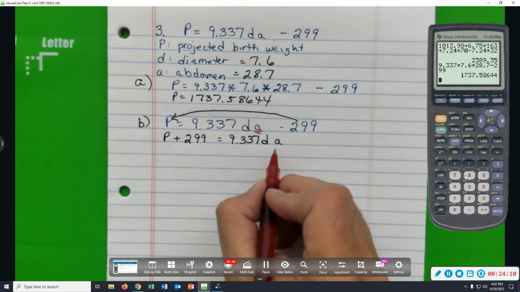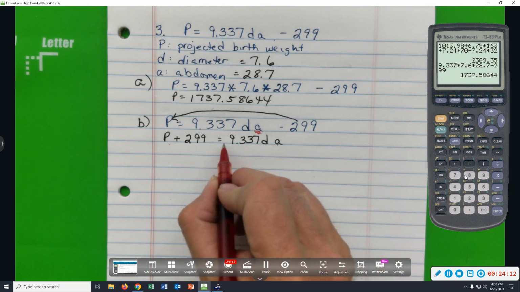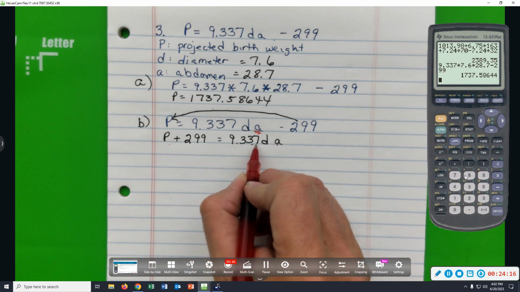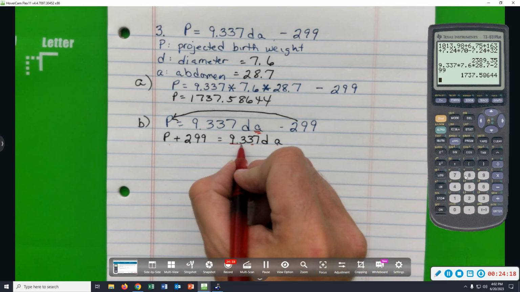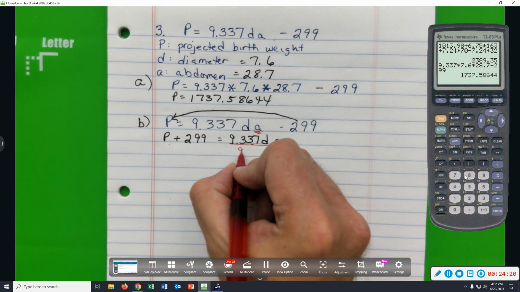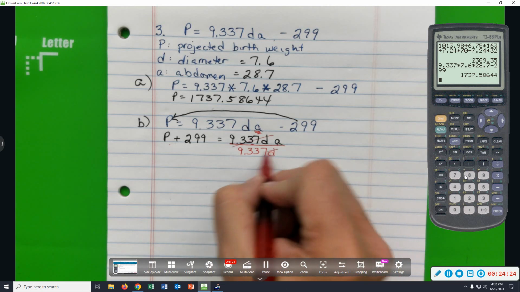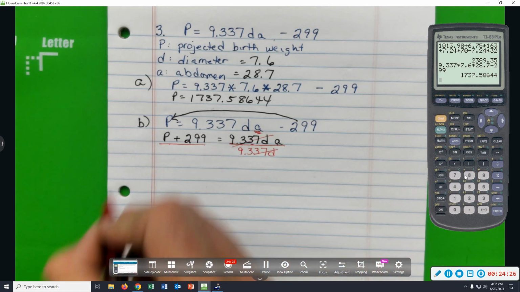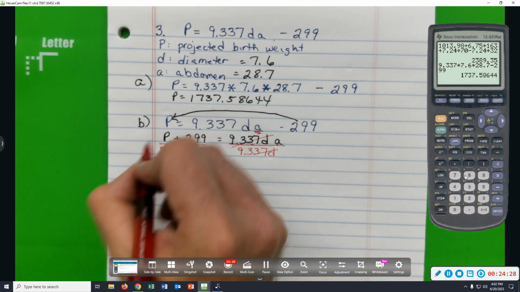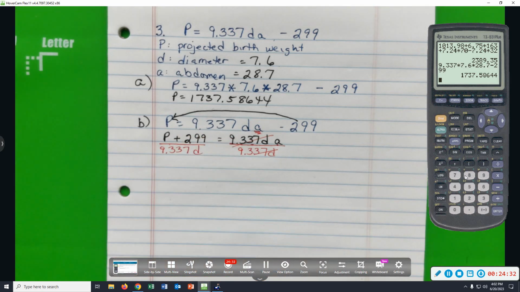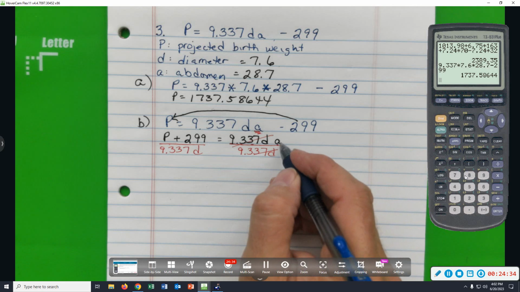And now to get the A by itself, the A is being multiplied by 9.337 D. So to undo multiplication, we divide by 9.337 D. So there, the A is by itself.